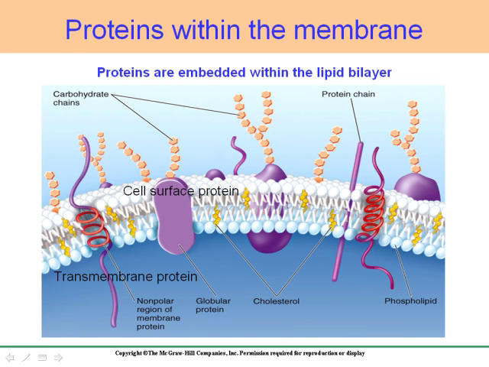This diagram indicates proteins that are embedded within the phospholipid bilayer of the plasma membrane. The plasma membrane itself is indicated in white. Notice that you have two phospholipid layers. Remember, each phospholipid layer is composed of hydrophilic heads and hydrophobic tails.